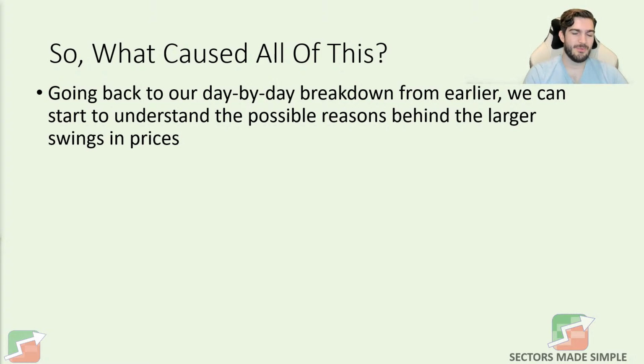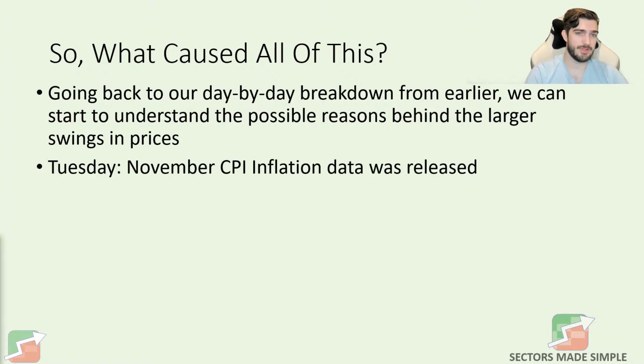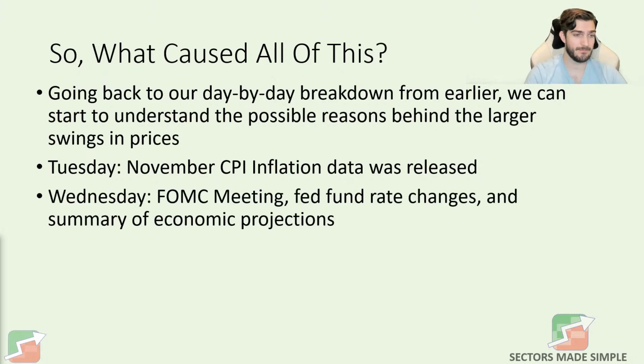Now, we're going to look at the day-by-day breakdown of what's changed in all of these economic releases and how those have affected the market. So, day by day, let's see what economic data we got. Tuesday, we got November 2022's CPI inflation data.